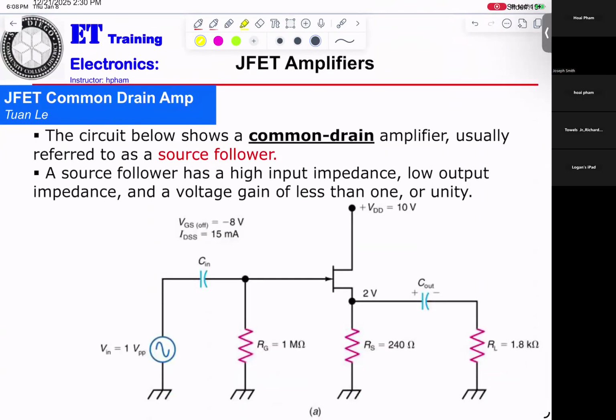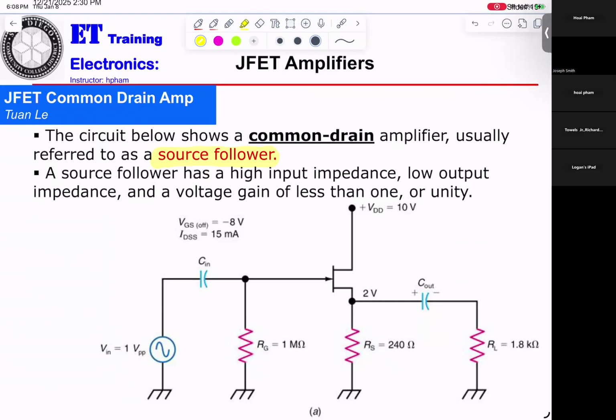Now, this is a little more summary of common drain. The circuit below here, a common drain amplifier, is usually referred to as a source follower. Remember, common drain, another name is source follower.